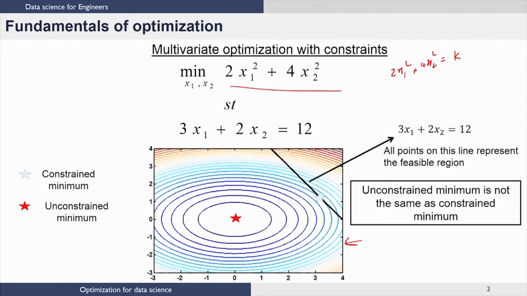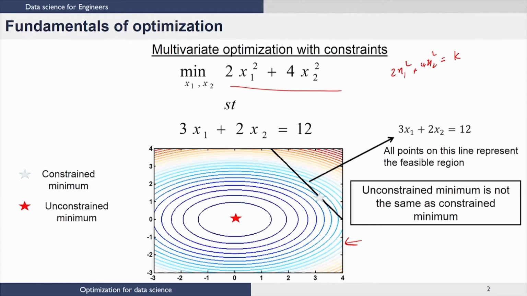Now, if you look at the optimum value for this function, just by inspection, you can see that the optimum value is 0, because these are functions where I have terms which are squares of the decision variables. So, there are 2 terms here, 2x1 squared plus 4x2 squared, and the lowest value that each one of these could take has to be 0, and that basically means the unconstrained minimum is at x1 equal to 0, x2 equal to 0.